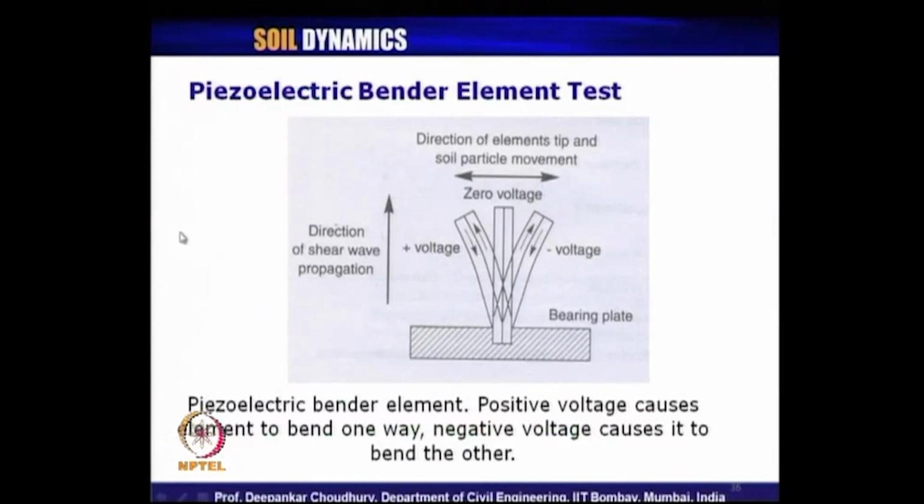Coming to another type of small strain level sample test, which is piezoelectric bender element test. In this case, this is the direction of shear wave propagation, one bearing plate here, and if it is 0 voltage, then it will be standing like this. If you change and apply voltage, from positive to negative, due to the propagation of the wave through the sample, it will bend in this direction. So, using the bender element, the element tip and soil particle move in the direction perpendicular to the direction of shear wave propagation.